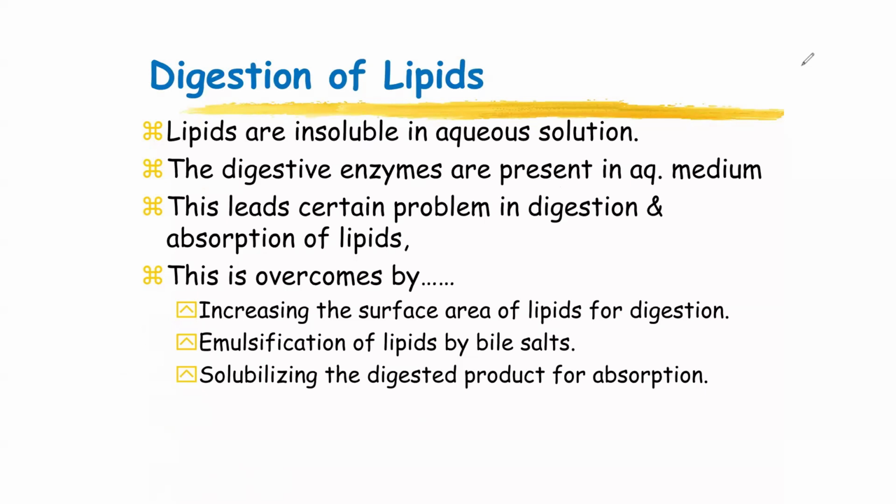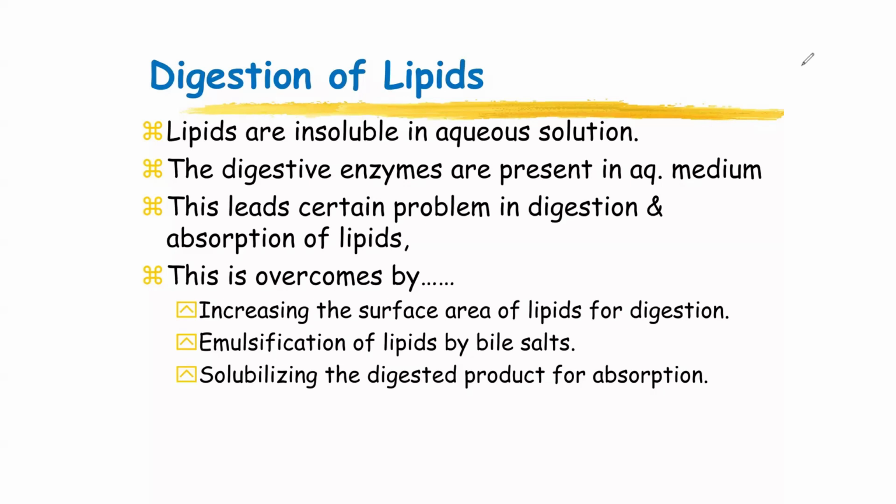But how do you overcome this problem? It's through increasing the surface area of the lipid for digestion, which means breaking the lipid into smaller particles; then emulsification of the lipid by bile salts; and then solubilizing the digested product for absorption.